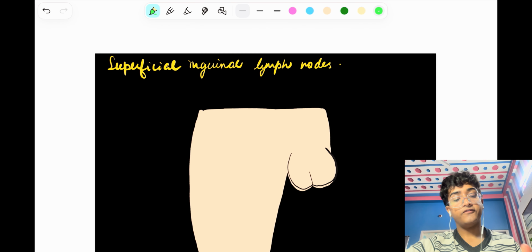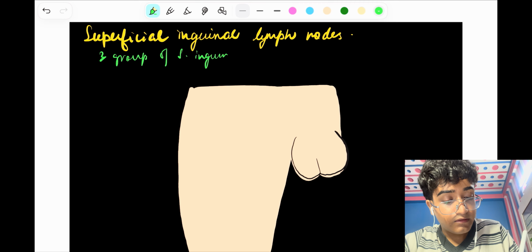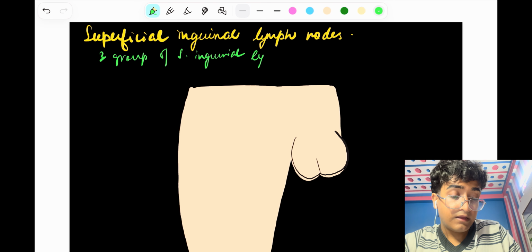Now let's come to the superficial inguinal lymph nodes. There are 3 major groups of superficial inguinal lymph nodes.